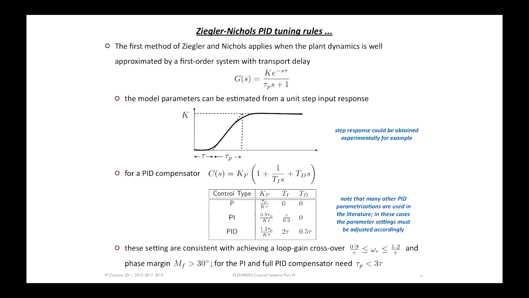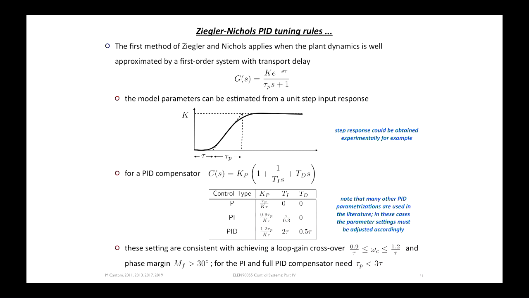They're choosing the rest of the parameters to make sure that you end up with a phase margin of 30, which is not really a very big phase margin. If you had a phase margin of 30, you would still get some oscillations in your closed loop response. If you want no oscillations in your closed loop response, you need a phase margin of like 70. But that's all these things are doing.